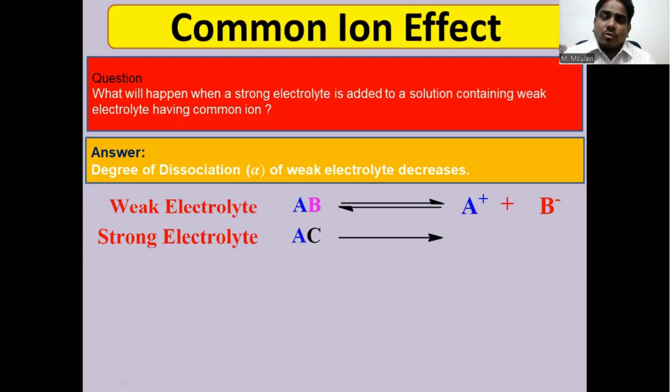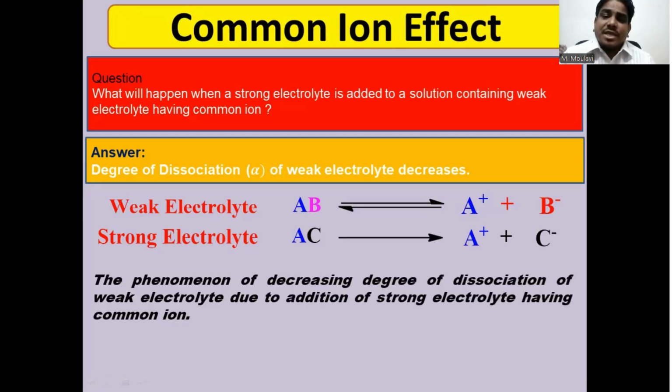It undergoes dissociation as A plus ion and the C minus ion. So the A plus ion is common, and the concentration of A plus ion increases. To control the concentration of A plus ion, the dissociation of the weak electrolyte proceeds in the backward direction, which means its degree of dissociation decreases. This is the common ion effect.